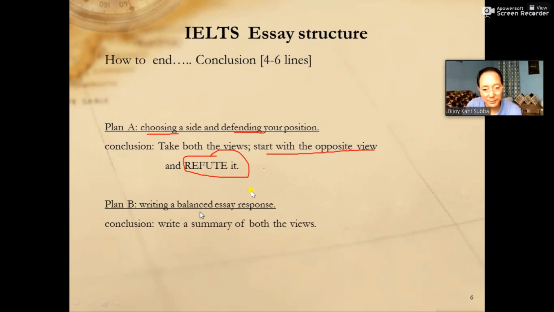Summary means some of the main points. So your conclusion will be something like nuclear technology is a mixed bag, right? It's a mixed bag because we see that there are plenty of advantages, such as generating clean and cheap electricity.